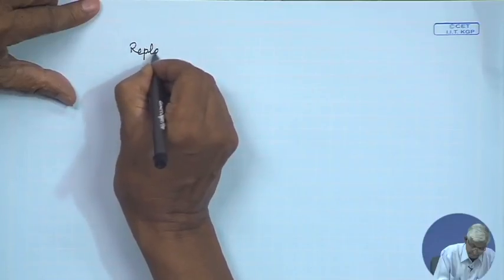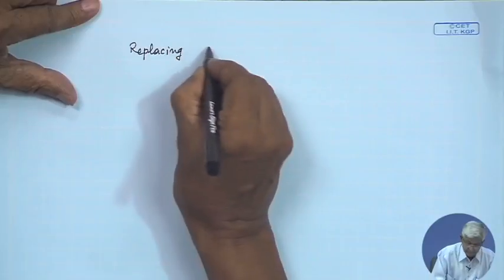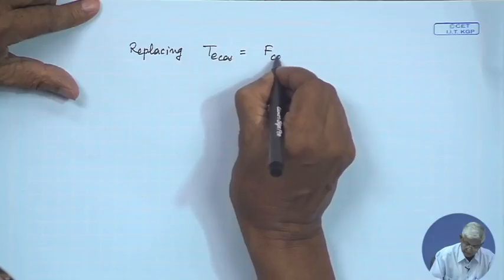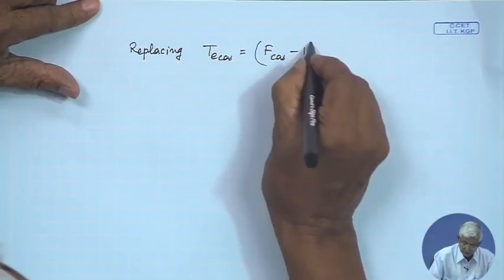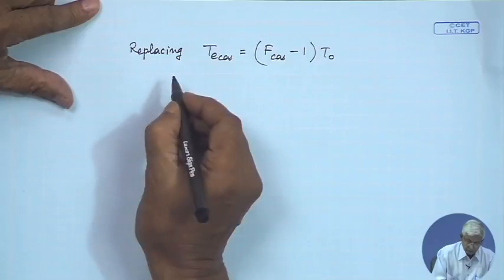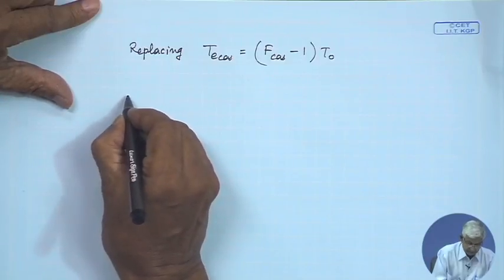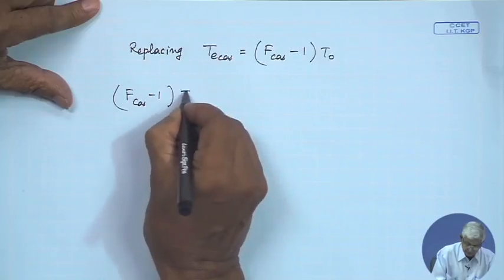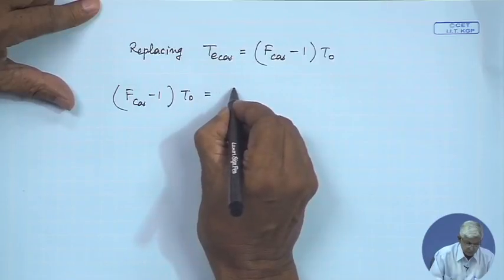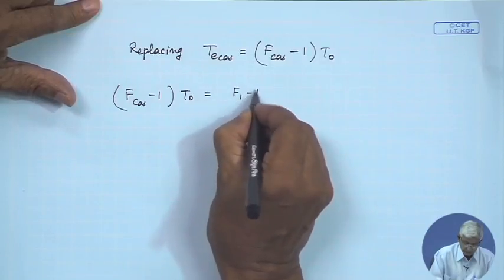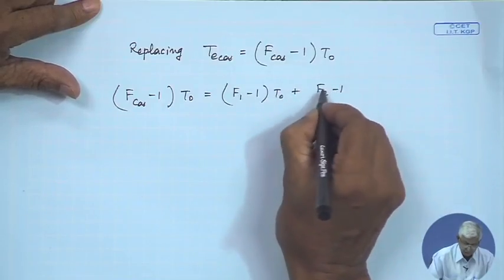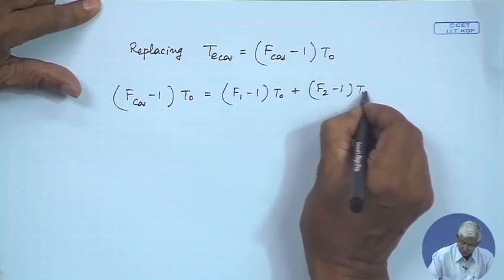Replacing TE cascaded with F cascaded minus 1 into T0, we will get F cascaded minus 1 into T0 is equal to F1 minus 1 into T0 plus F2 minus 1 into T0 by G1.